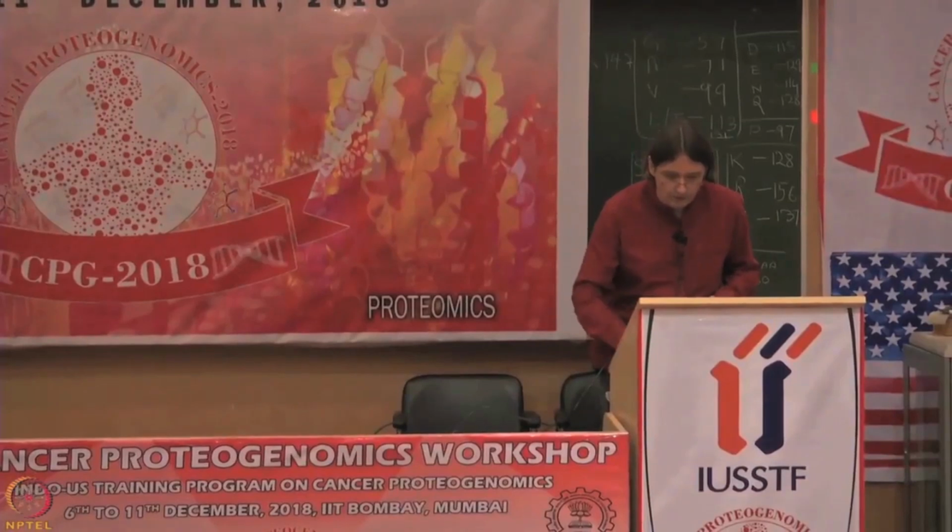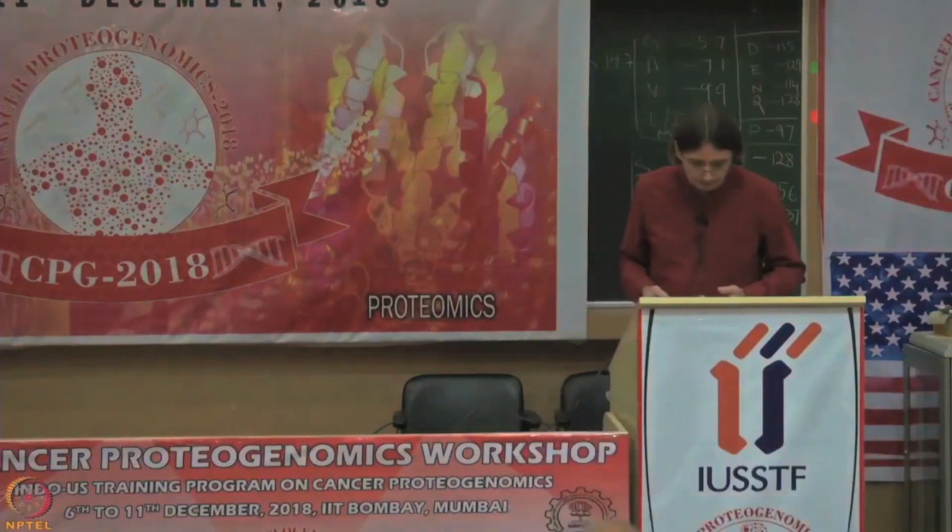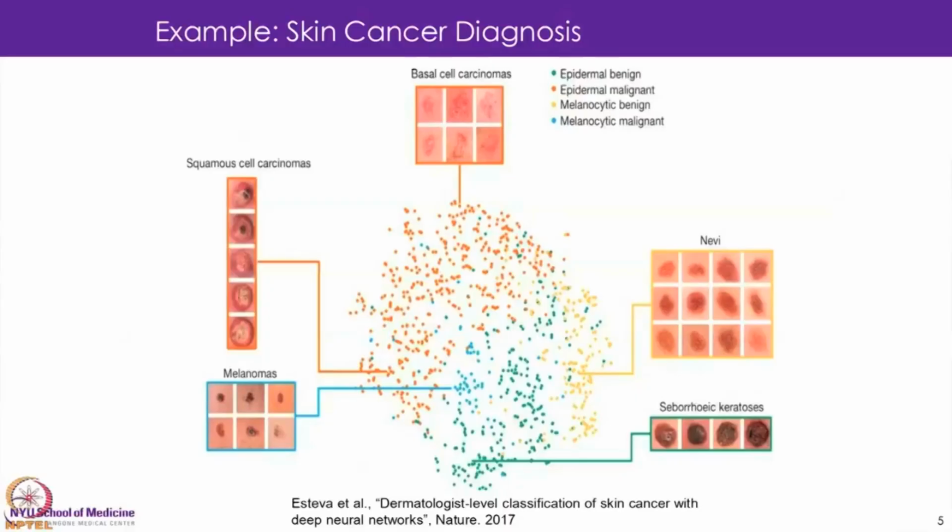For example, there was a Nature publication last year on skin cancer diagnosis. What the authors did was they had cell phone images of moles on people's skin. And then they had pathologists, dermatologists look at these images and classify them as benign or cancerous.